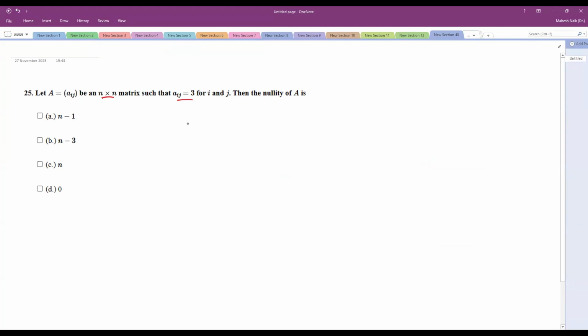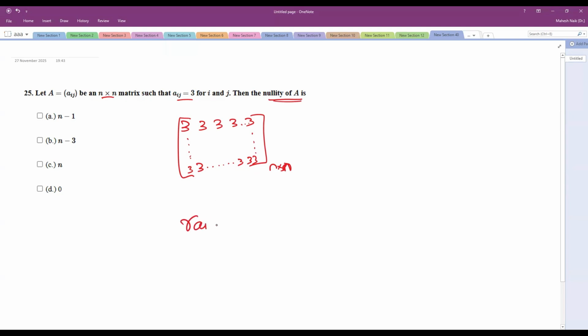So the matrix is an n cross n matrix, and all the elements of this matrix are just 3. And we are asked the nullity of A.